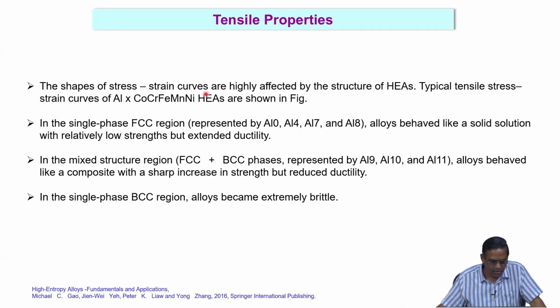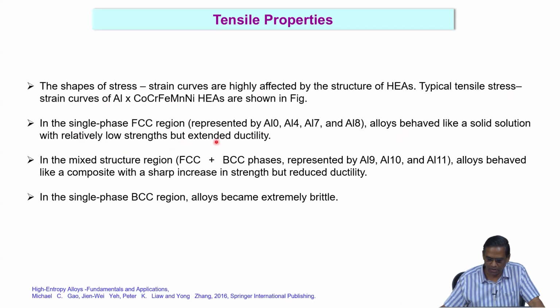So, what is the description of these stress strain curves? The shape of stress strain curves is highly affected by the structure of the high entropy alloys. What we have seen is a typical tensile stress strain curve for aluminum, cobalt, chromium, iron, manganese, nickel high entropy alloys. They are single phase FCC region represented by Al 0, 4, 17 and 18.